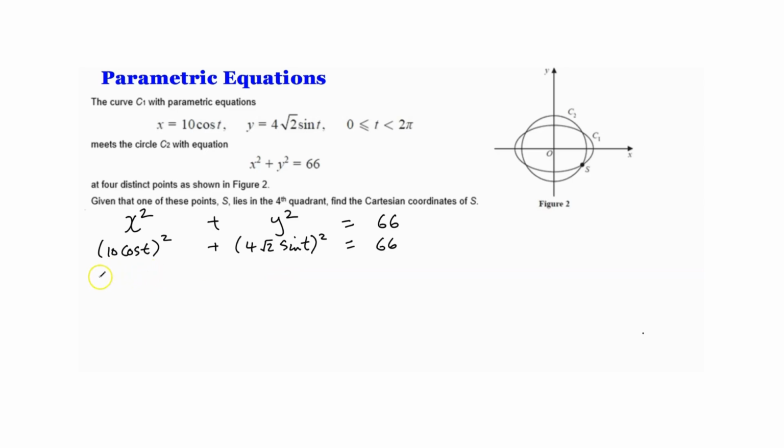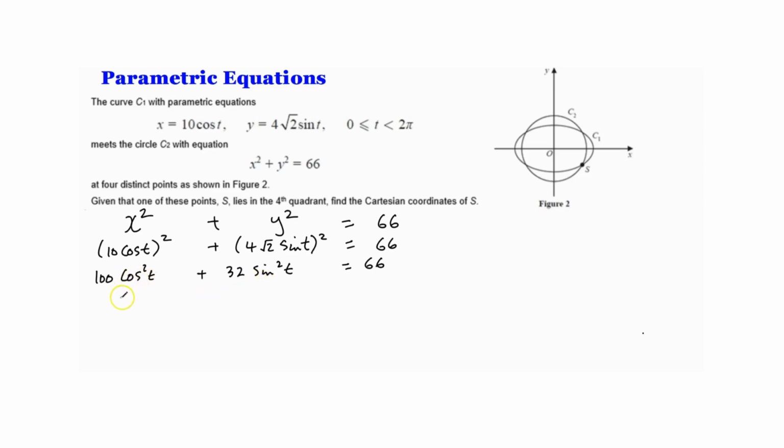Okay, so here we would have 100 cos squared t plus, when we square root 2 we get 2, we square 4 we get 16, so 2 times 16 would be 32 sine squared t, and that equals 66. Well, in order to solve this, we need to get the equation into one of the ratios. So we can get the equation into sine ratio.